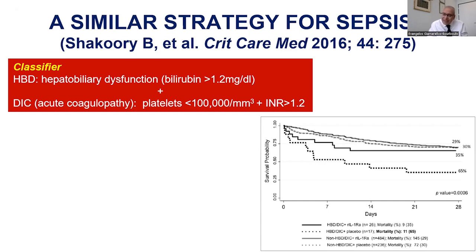But exactly above, there is the solid survival line of patients with these 2 clinical entities who were treated with anakinra, and there the mortality rate went down to 35%, and that was statistically significant.